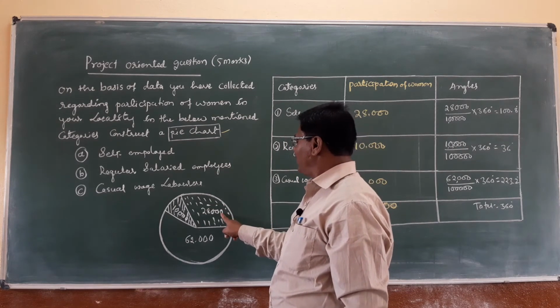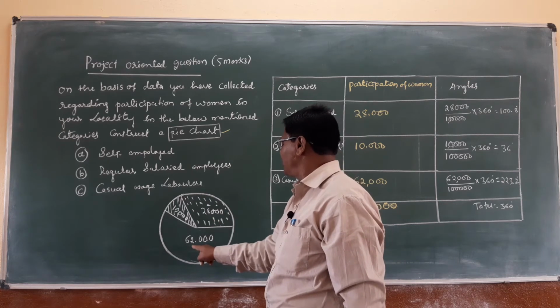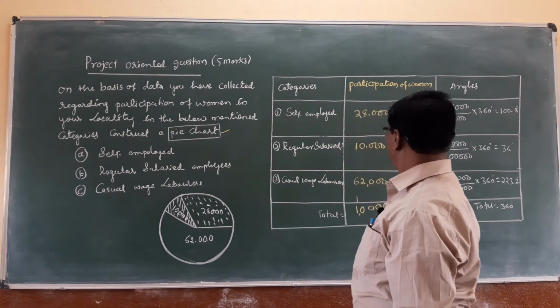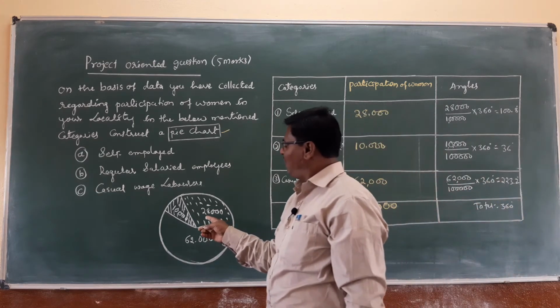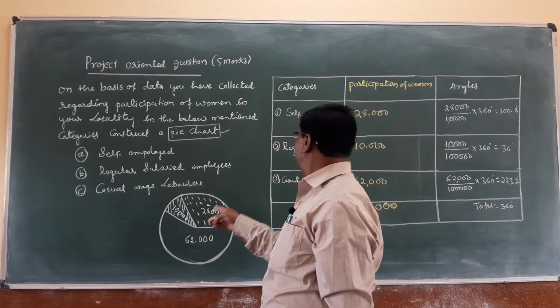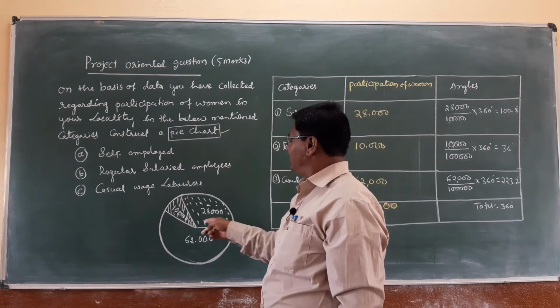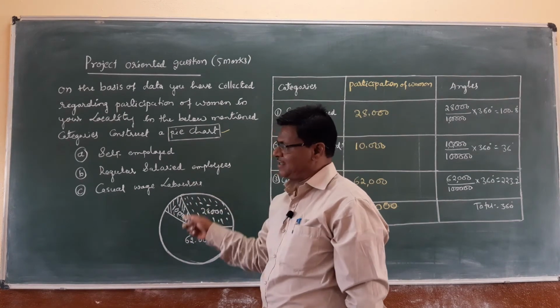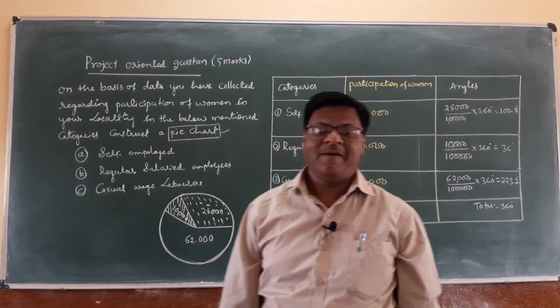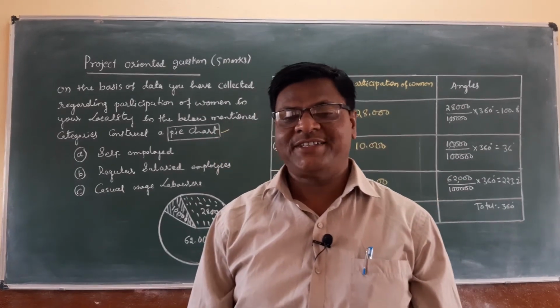And who is more? The 62,000 casual wage laborers are more than both the self-employed and regular salaried employees. You draw the circle like this. This is called the pie diagram or pie chart.